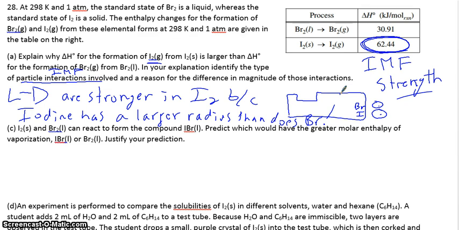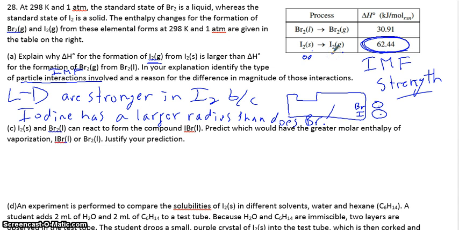So along those same lines, you can also recognize that because iodine is going from a solid to a gas, we're actually completely breaking the forces here. Whereas we're going from a solid to a gas, so more forces have to be broken. Think of it that way.